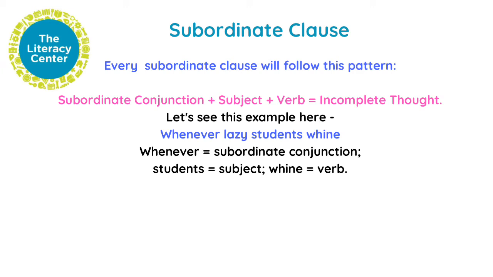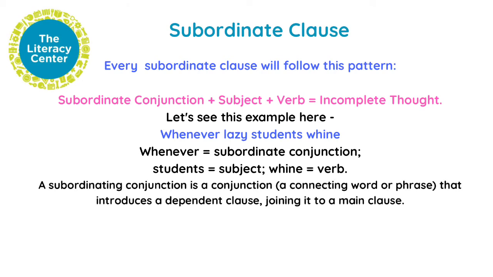So when you look at this term subordinate conjunction, what do we understand by this? A subordinate conjunction is a conjunction or a connecting word or a connecting phrase that introduces a dependent clause, joining it to the main clause.